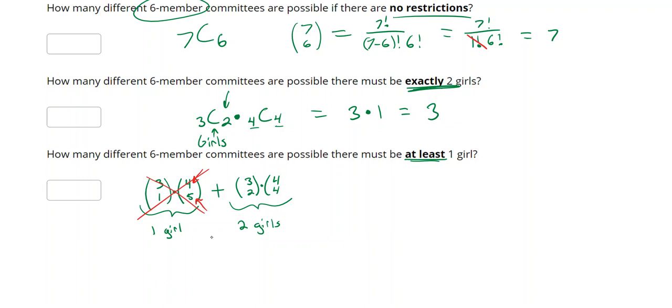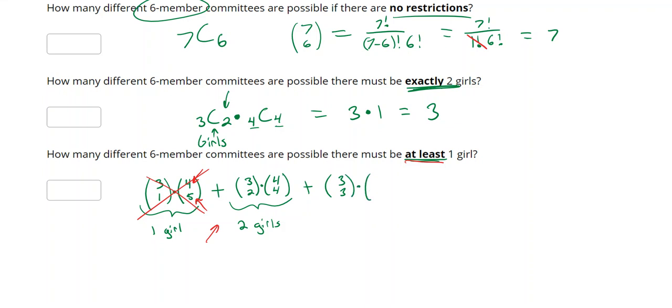So this will really be our first situation. It says at least 1 girl, but there won't be a girl, so we just won't include that one as well. Okay, so moving on here. So that'd be with 2 girls. And then we will add the number of ways with 3 girls. So of the 3 girls, we're going to choose 3.